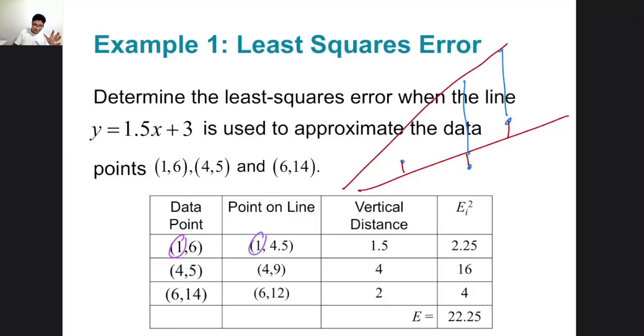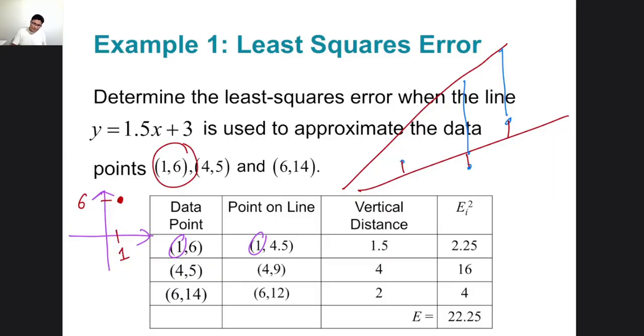Now, you have to visualize the coordinate axis. I will try to do some justice here by drawing a small diagram. Take x equal to 1. The actual data point at 1 is somewhere here. Let's say that is 6. So 1 comma 6, that's your actual data point.